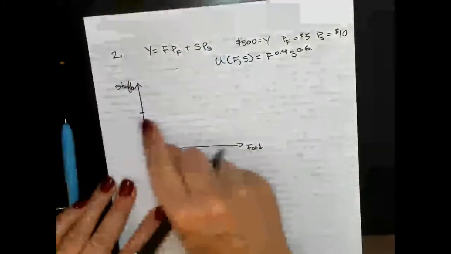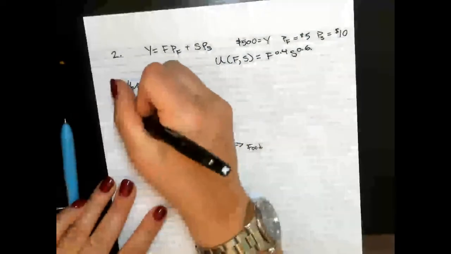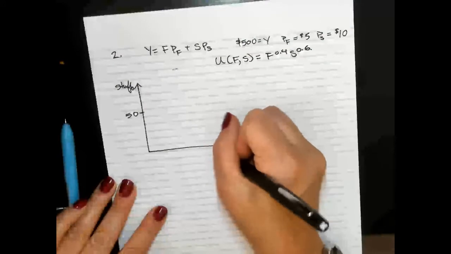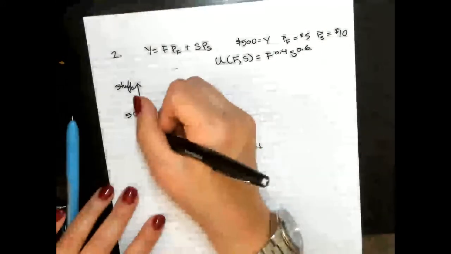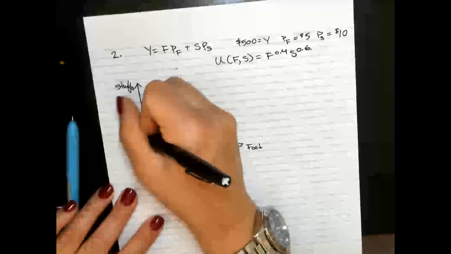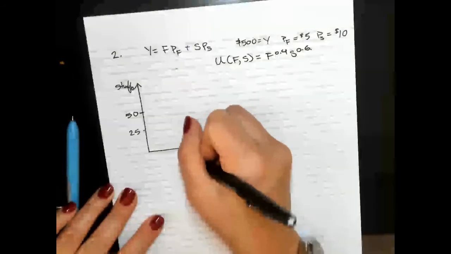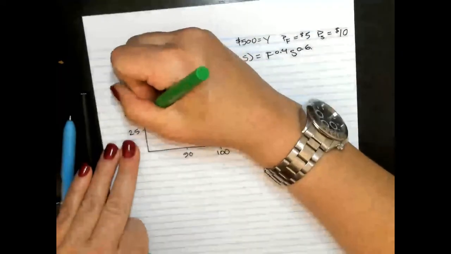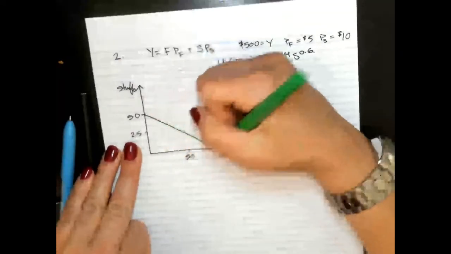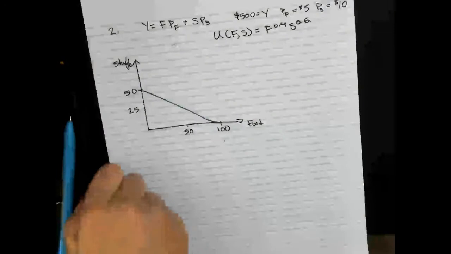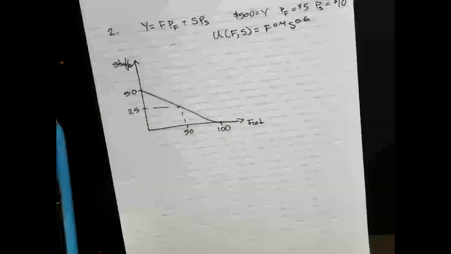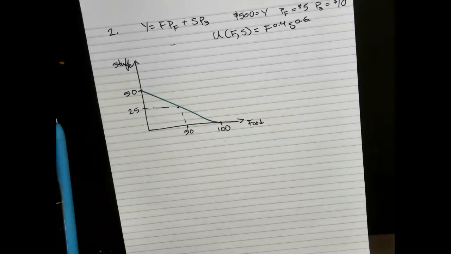Our endpoints are 500 divided by 10 and 500 divided by 5. I also had a midpoint. I'm going to redraw that budget constraint. Oops, and I got so much closer to a nice one this time. Not quite perfect, but about there.